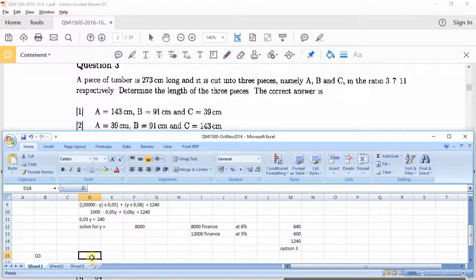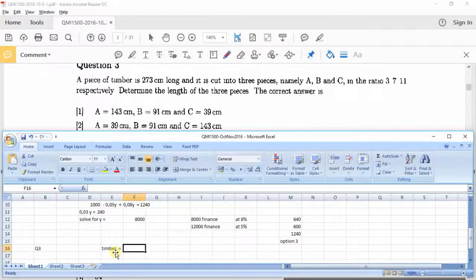What do they want here? Length. A piece of timber is 273 centimeters long. It's cut into 3 pieces, A, B, and C in the ratio 3 to 7 to 11.